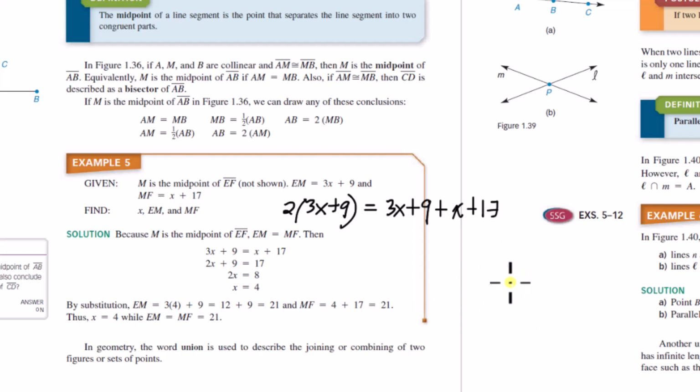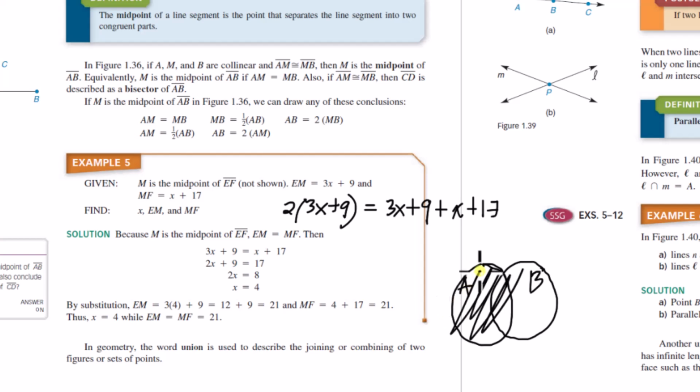The idea of union is you have two sets, or more than two, and it's everything in set A and everything in set B. All of this is a union, and you write that as A union B.